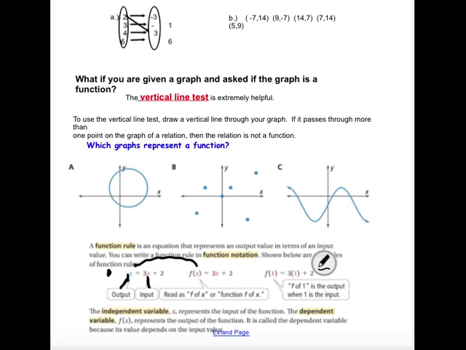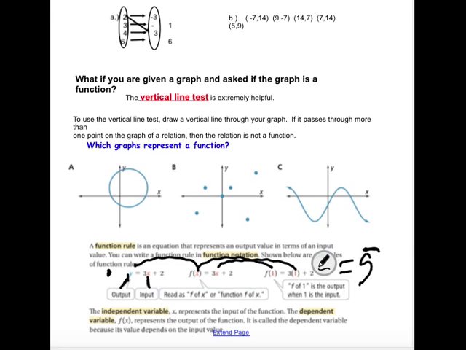Plugging in a number: when 1 is the input in this example, we just replace x with 1. So you'll notice 1 replaces x in each spot. So we solve this one out. 3 times 1 is 3, plus 2 gives us 5. So f of 1 is 5.